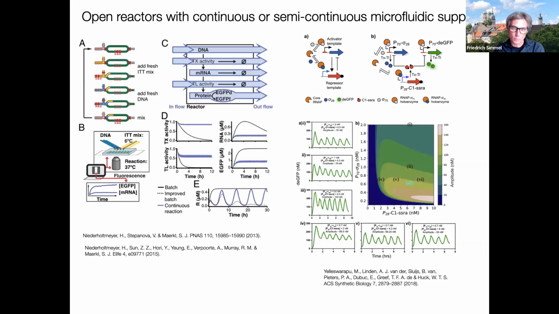In a different work, Sebastian Merkel together with Enrique Niederholtmeier used one of these systems where you have a kind of ring reactor that can be separated from the outside via microfluidic valves, and then you can inject stuff into this ring reactor, let it react for some time, and then get rid of waste products and refill it with fresh reagents.